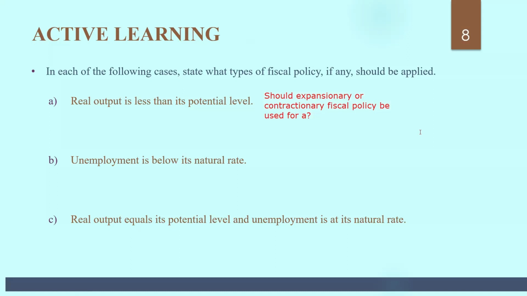So real output is less than potential level. Do they want to increase their spending? Yes. So it would be expansionary. So like increase government spending because you want to reach potential level.